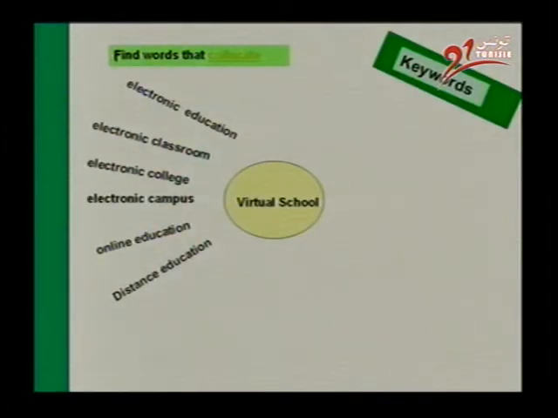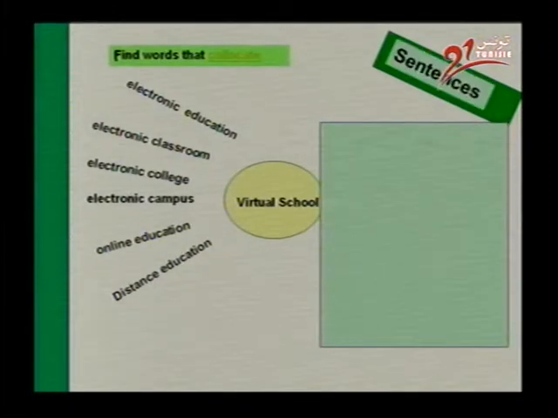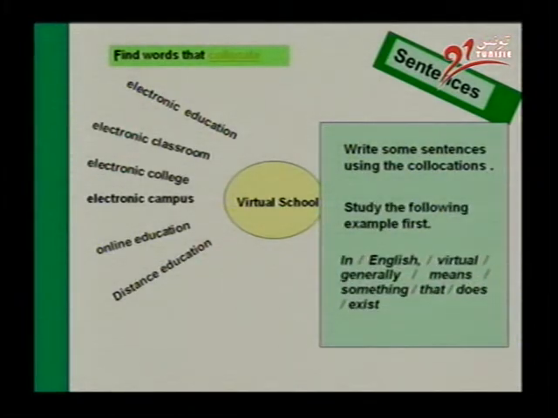Well, I'd like you to use these collocations to find sentences, and not only to label, to find a new title. And before we start, let's have an example. In this sentence, for example, in English, virtual generally means something that does exist. As you can see, we have different words that compose this sentence, and they are arranged in a way that allows us to get a coherent and correct sentence.